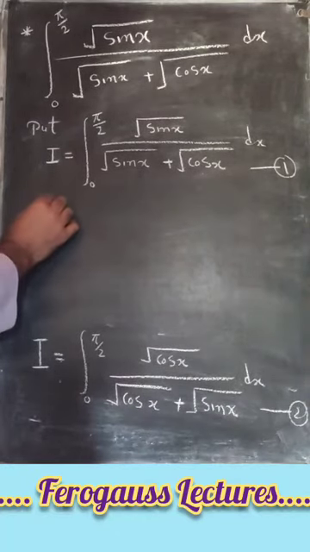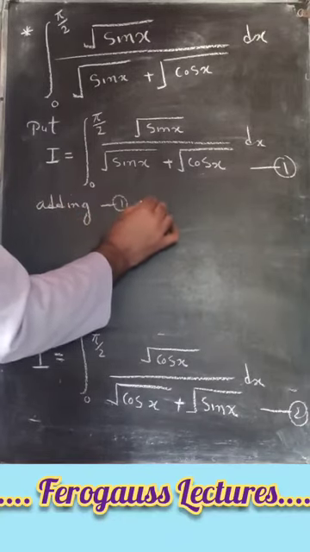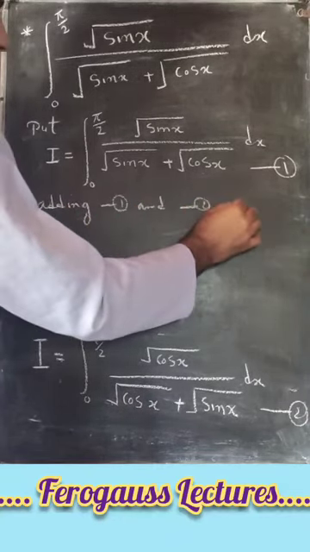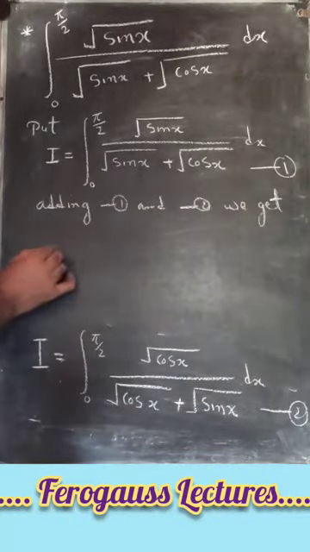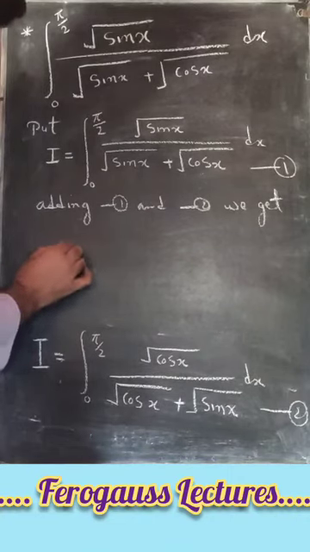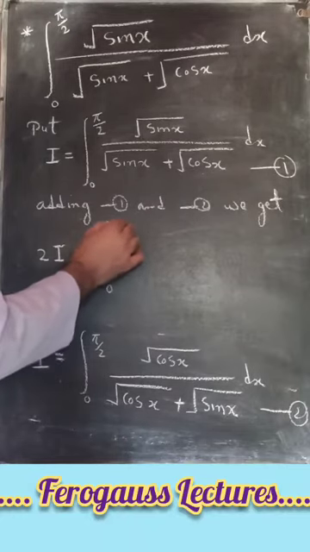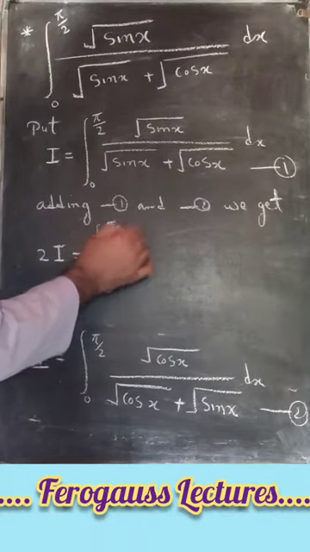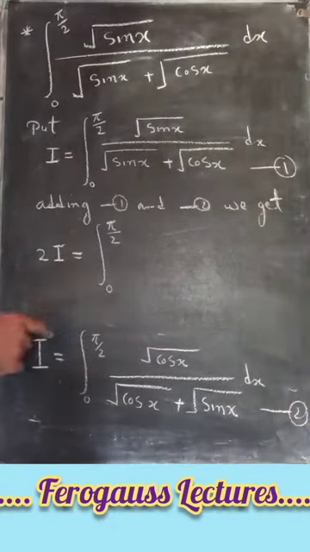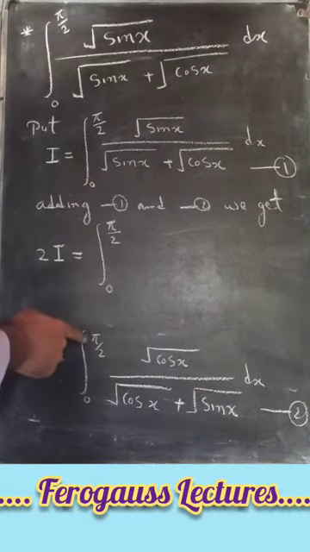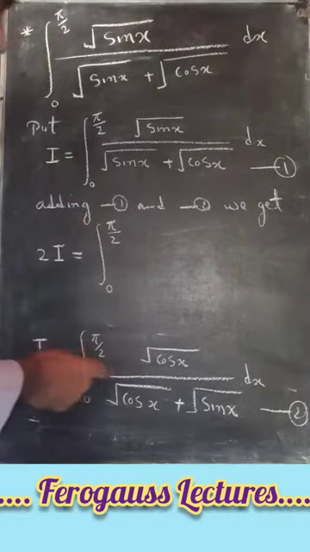Adding first and second, we get I plus I is equal to 2I, equal to integral 0 to pi by 2. Since limits are same, we can use the property that sum of integrals of functions is equal to integral of sum of functions.